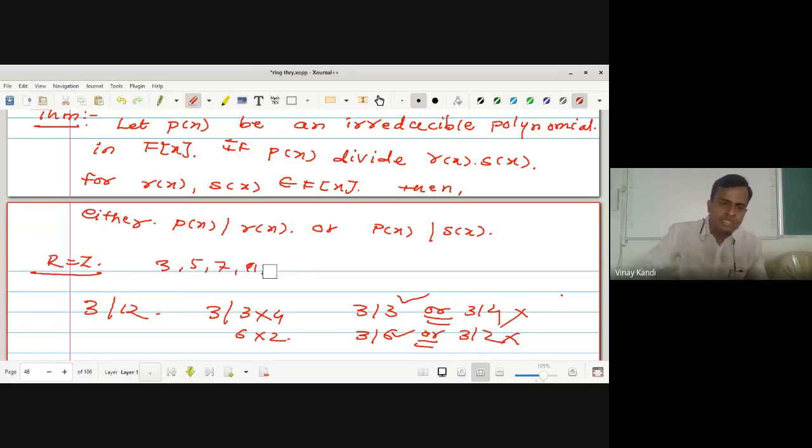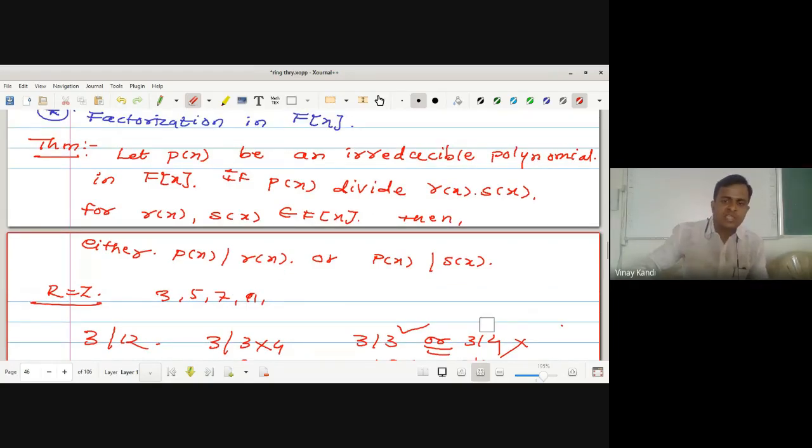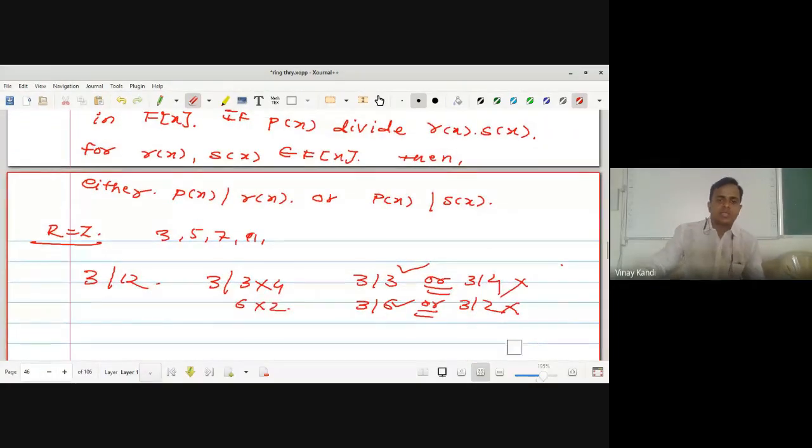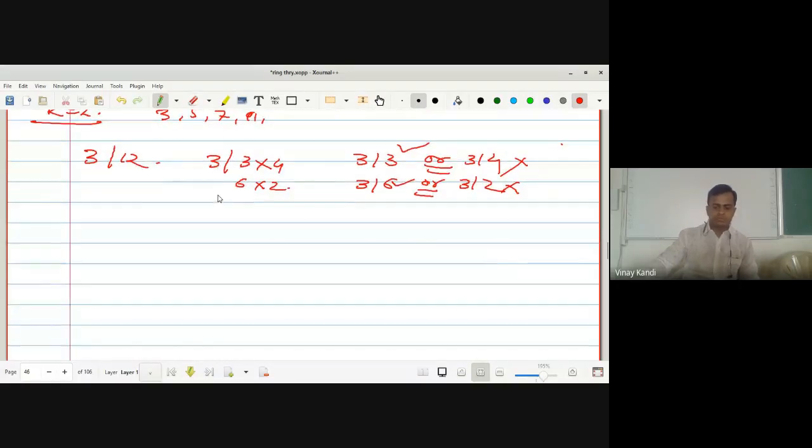That is, if P of x is an irreducible polynomial in capital F of x and P of x divides R of x into S of x for R of x and S of x belonging to capital F of x, it implies either P of x divides R of x or P of x divides S of x. Look at the proof now.